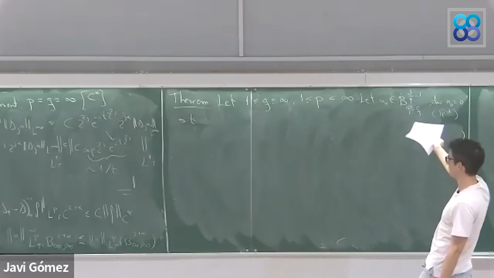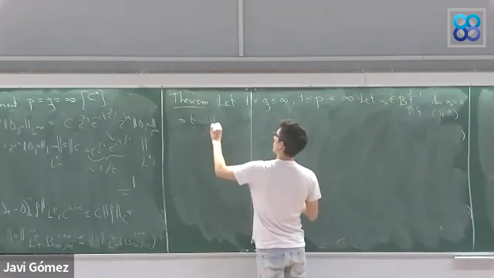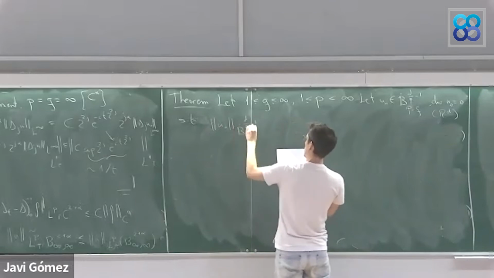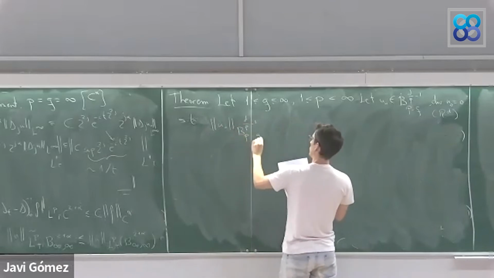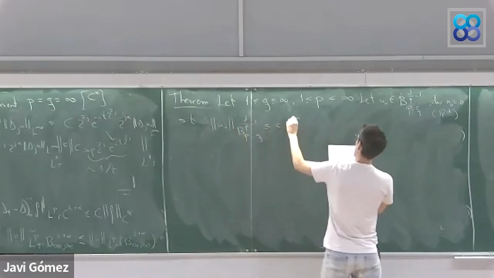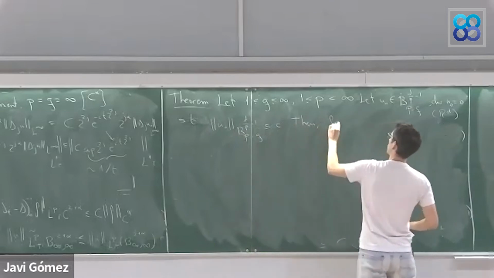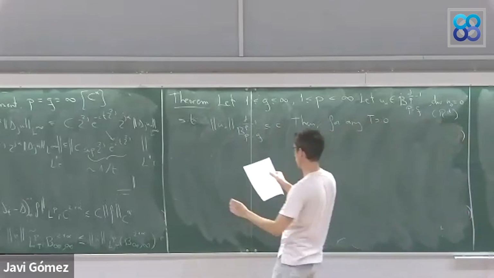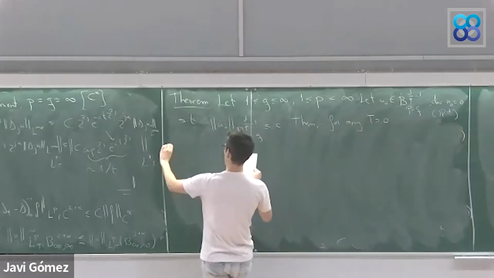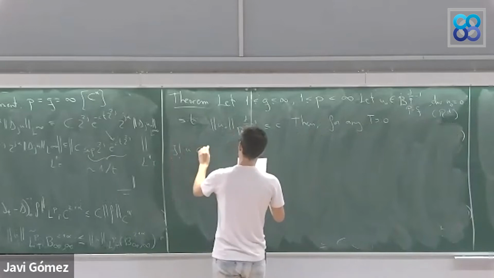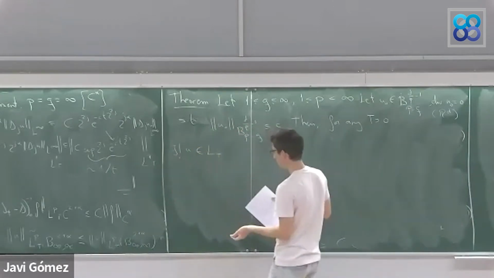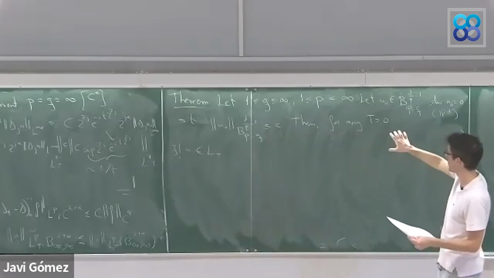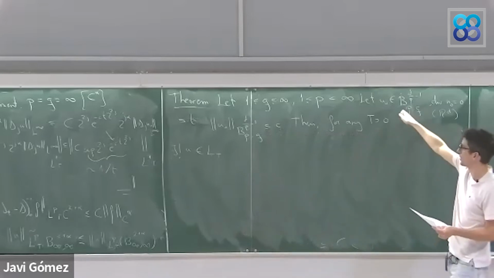So the initial data in this case of a space, such that its norm is small. Then we have a unique solution. And the spaces that I'm going to write look exactly as the one that corresponds to the solution of the heat equation with this initial data.